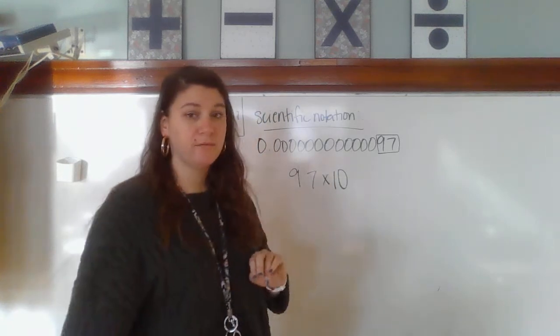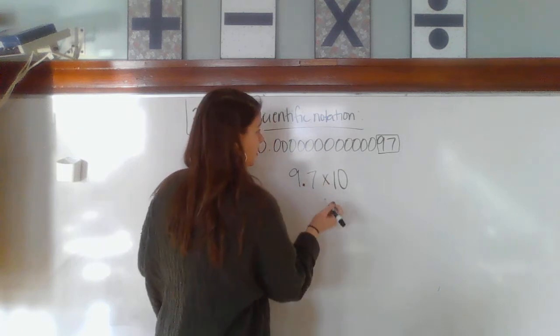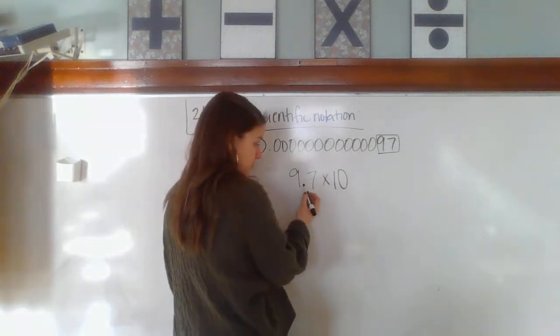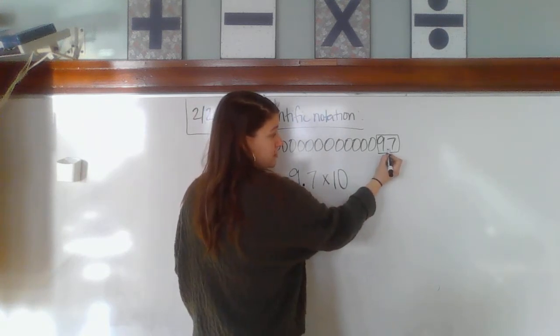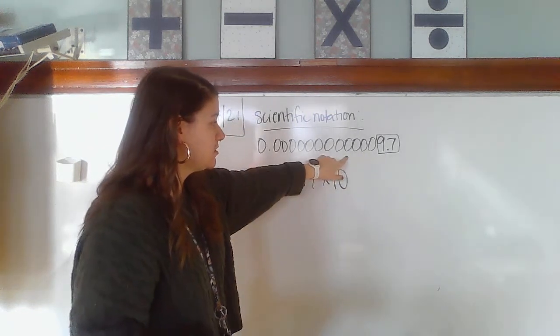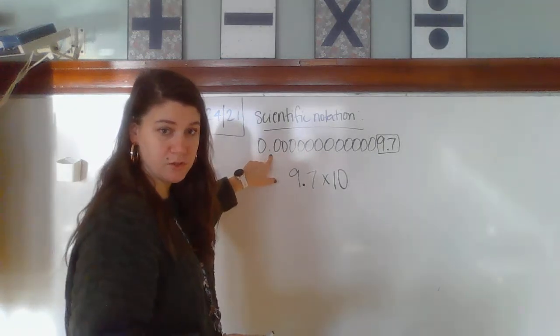And I know it's going to be a power of 10 because all scientific notation has a coefficient and a power of 10. Now, it's still the same, right? Your 9 point, it has to be between 1 and 10, so it has to go between these two numbers. So this is where it starts. You need to figure out how many spaces it has to go to get here, where it started originally.